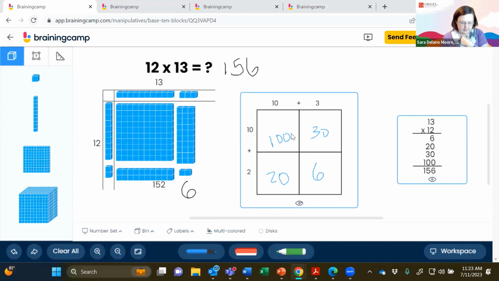I can see it in my open array at the top left here, and I can see it in my partial products model over here. If students see all of those, this is how they carry that thinking through in their work. And I may not have base 10 blocks, but I can draw a picture.